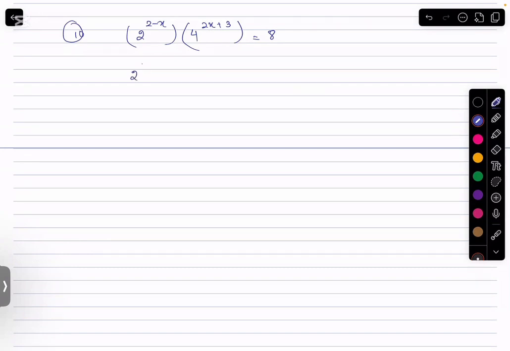It's 2 to the power 2 minus x times, what should I write for 4 to the power 2x plus 3? 2 to the power 4x plus 6. And then this will be equal to 2 to the power 3. Now what will we do?